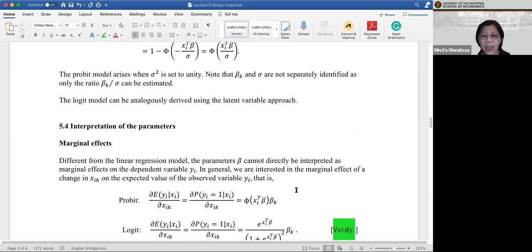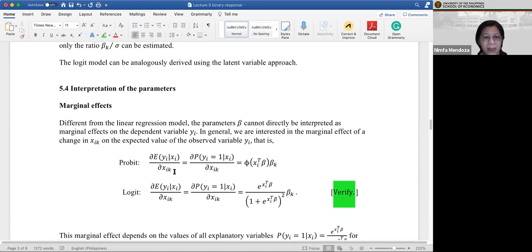In general, we are interested in the marginal effect of a change in x sub ik, one of the regressors, on the expected value of the observed variable y sub i, or the mean value of y sub i.